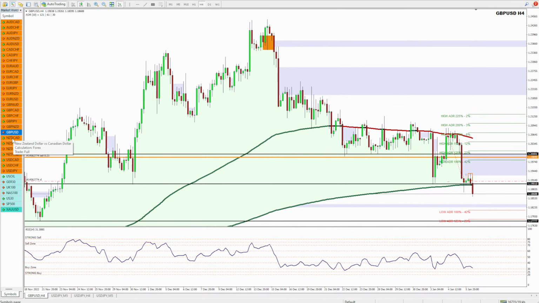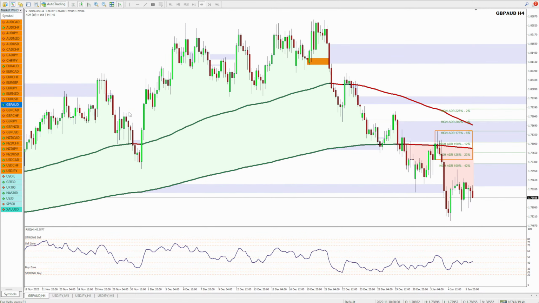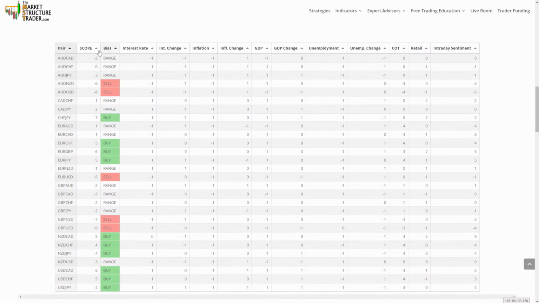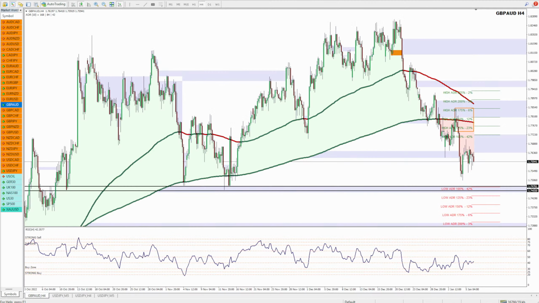I might look at a potential double bottom on GA. Yeah, you can do it if you want to long it. I don't really want to long it though. But the analysis when I am talking about this is a long-term view.